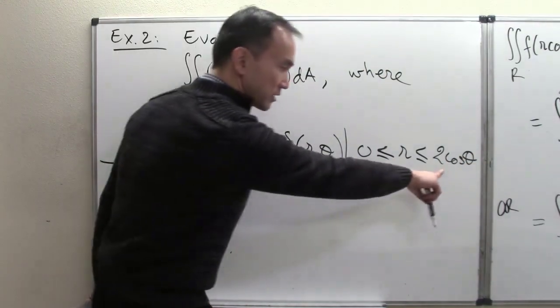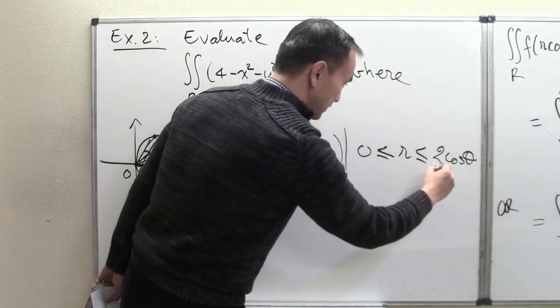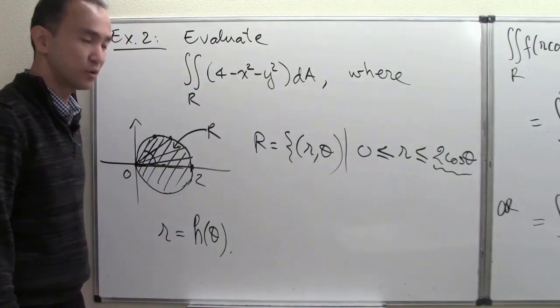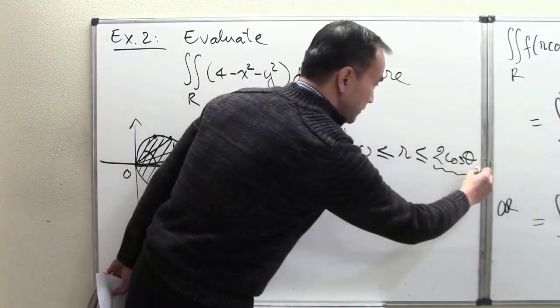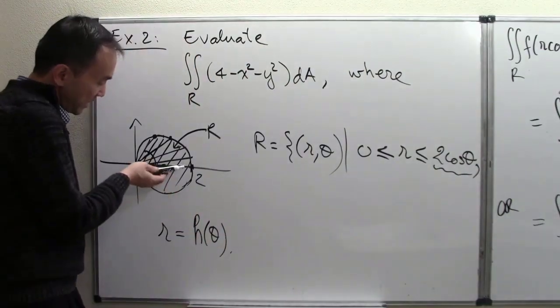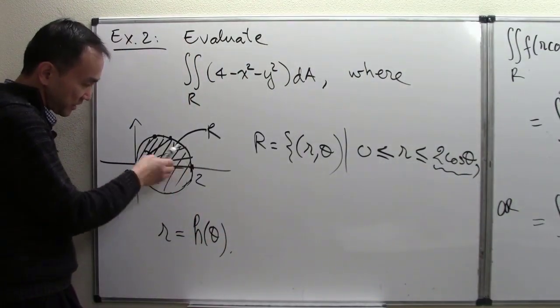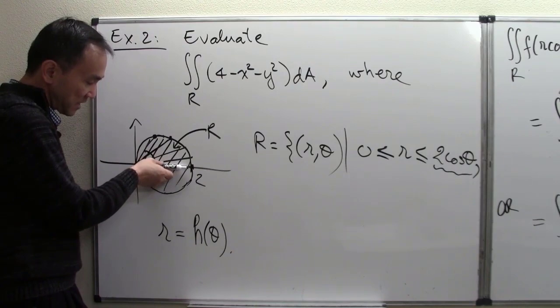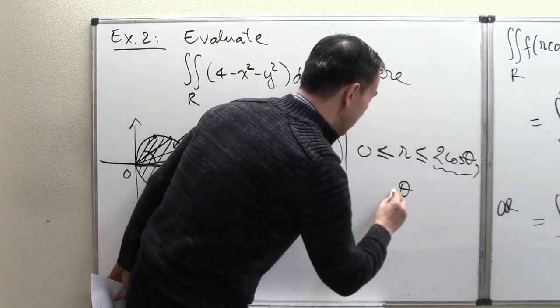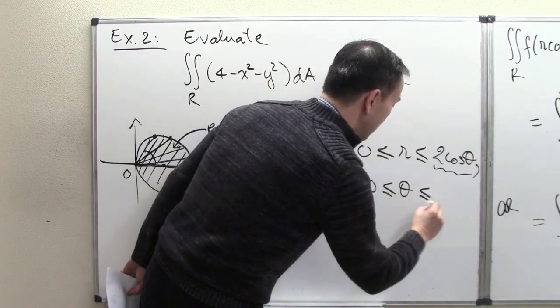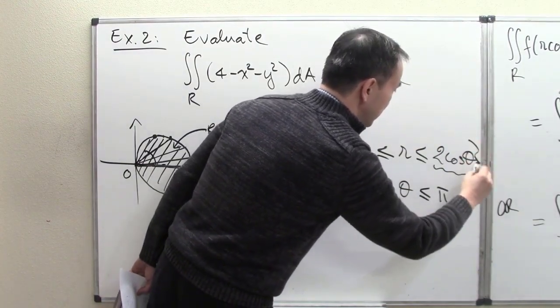If anyone wonders how I got this, then you need to review your skill in polar coordinates. And then the angle theta, for this particular curve, to generate that, theta rotates from 0 to pi. So here we're looking at theta changing from 0 to pi.